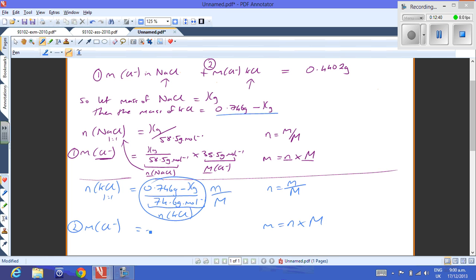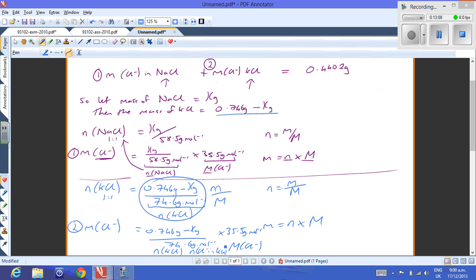So it's 0.746 grams minus x grams over 74.6 grams per mole multiplied by 35.5 grams per mole. So that's the molecular mass of chloride ions right there. And this is the moles of KCl. Or you could simply say the moles of chloride ions in KCl, more specifically.